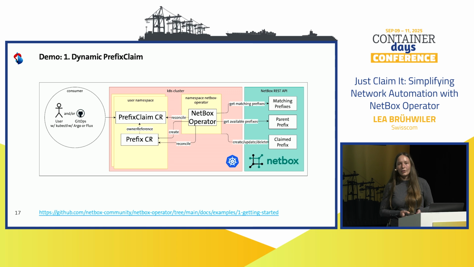And often you maybe don't have only one parent prefix you could use, but a set of parent prefixes. And for this, we have the parent prefix selector feature. With that one, you can define a filter, which will be used to find matching parent prefixes, and then one of those will be selected to claim a prefix from.